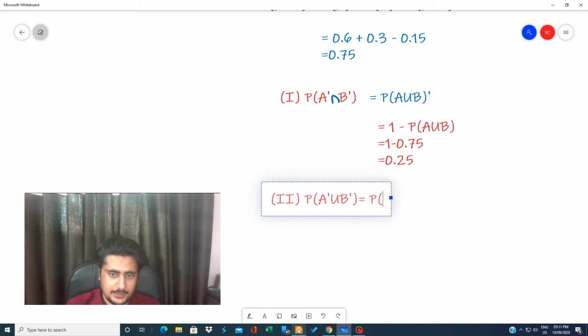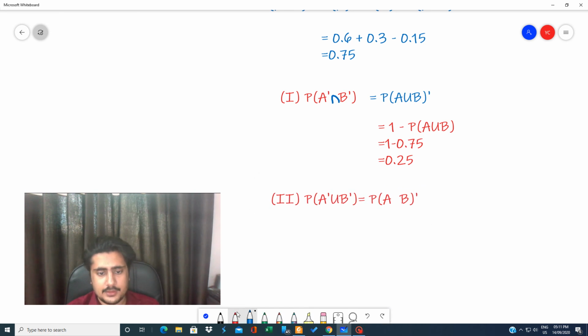As I told you, I'll take the sign out of the bracket and I'll change the sign. If in the question it is union, then I'll be doing an intersection. Now, P of A intersection B dash.